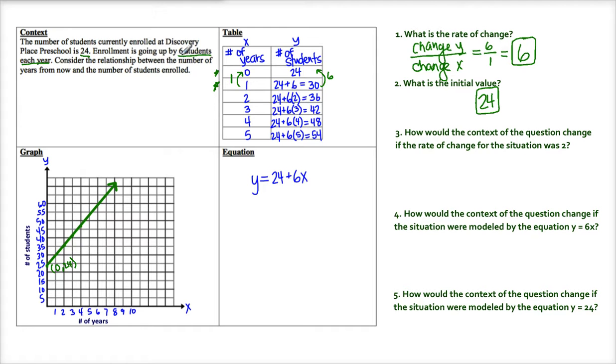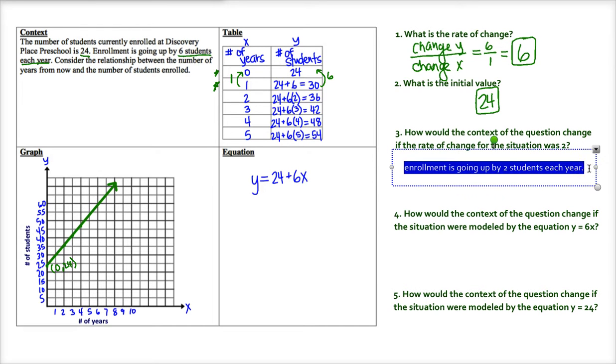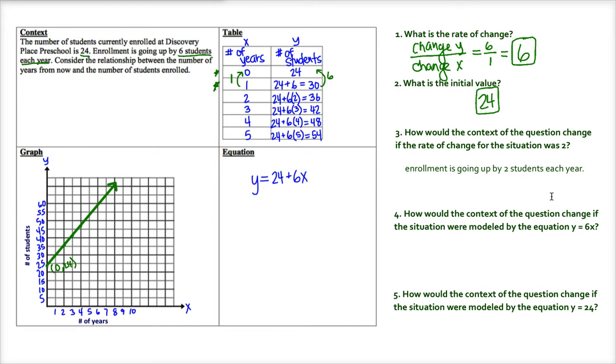The enrollment is going up by 6 students each year. So if the rate of change was 2, that means the context would say something like, enrollment is going up by 2 students each year. Because 6 represented the rate of change, and if we change the rate of change to 2, then that means enrollment's going up by 2 students each year.